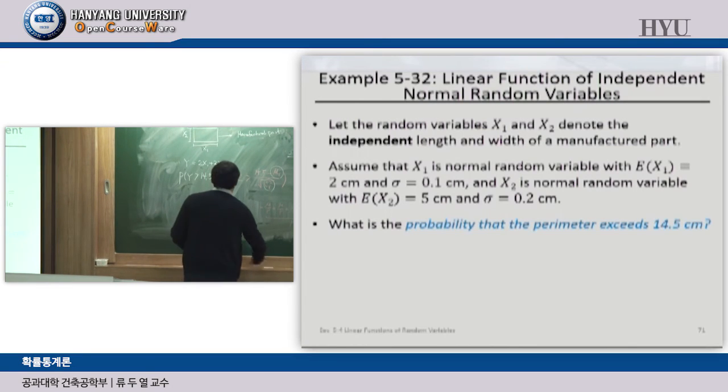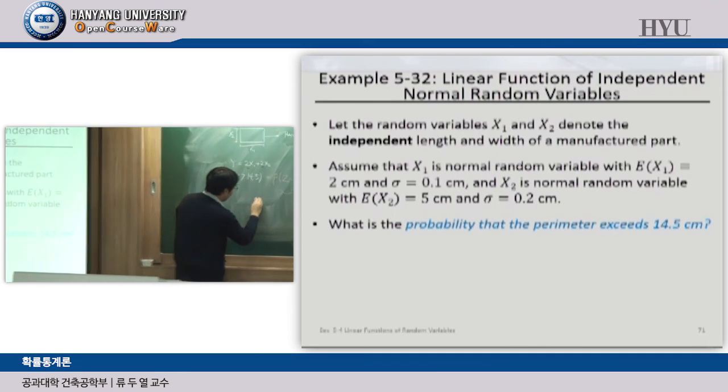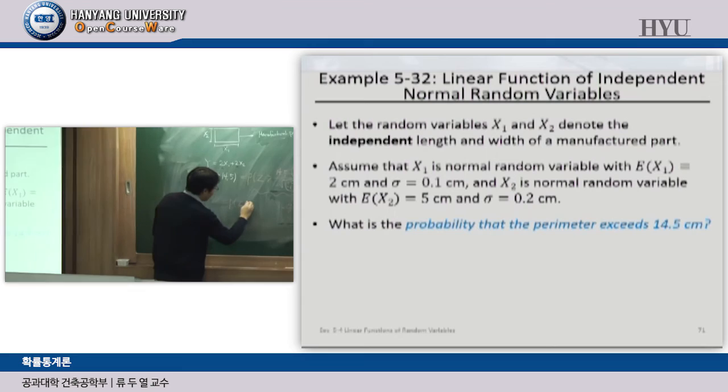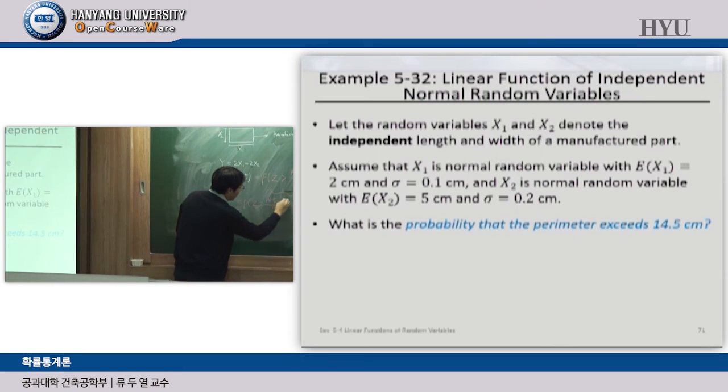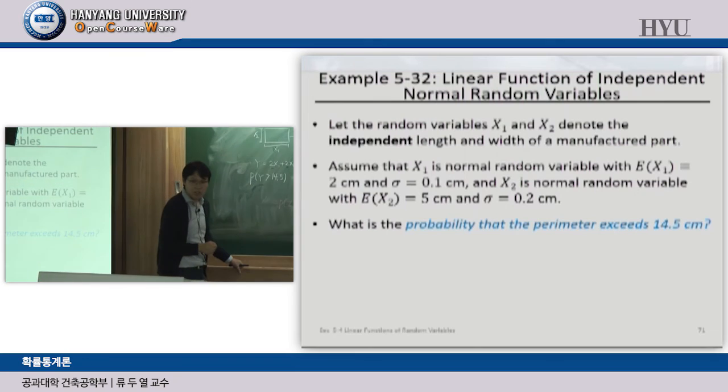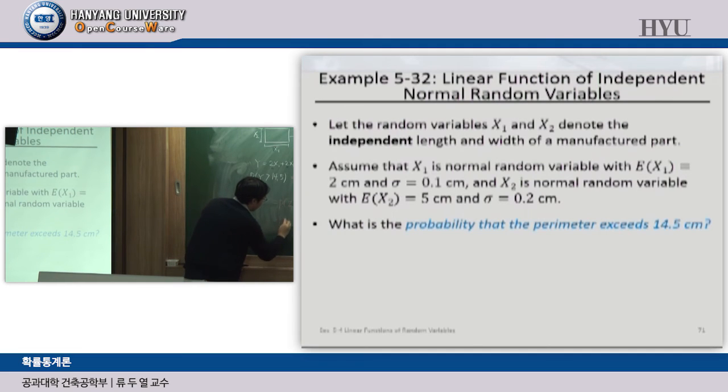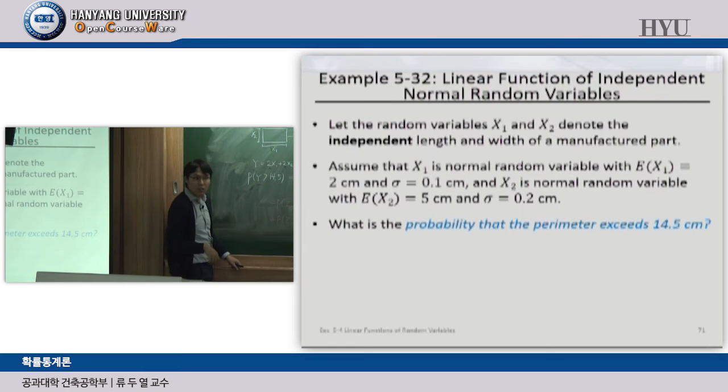So this equation will be the probability of z when z is larger than 14.5 minus 14 over root 0.2. And that is equal to the probability of z when z is larger than 1.12.